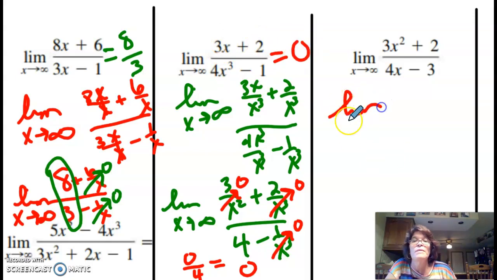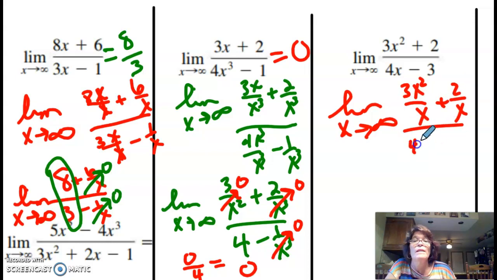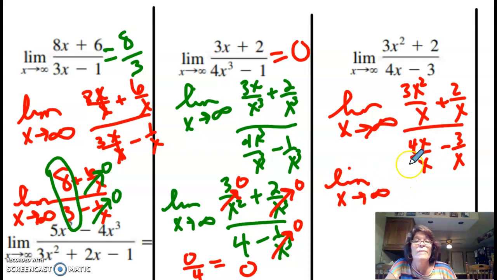In this next one, I'm going to divide everything by x, the biggest power in the denominator. So I get the limit as x approaches infinity of 3x plus 2 over x, all over 4 minus 3 over x.